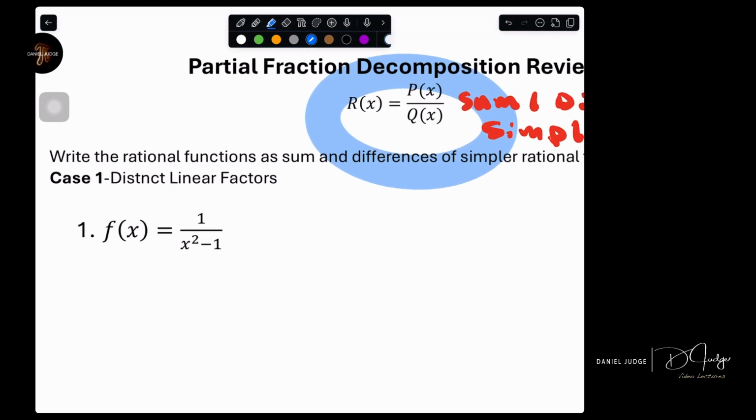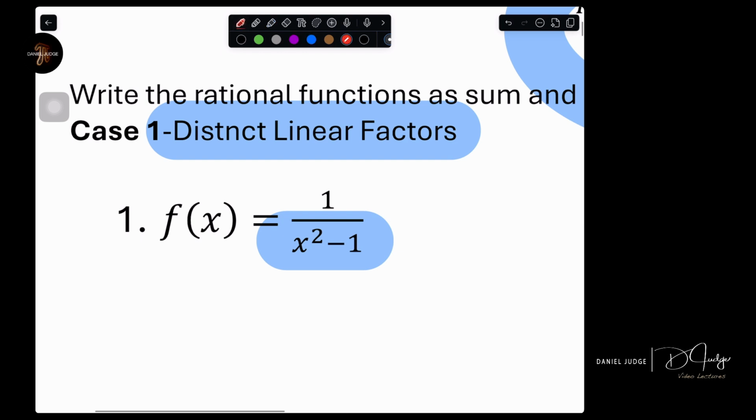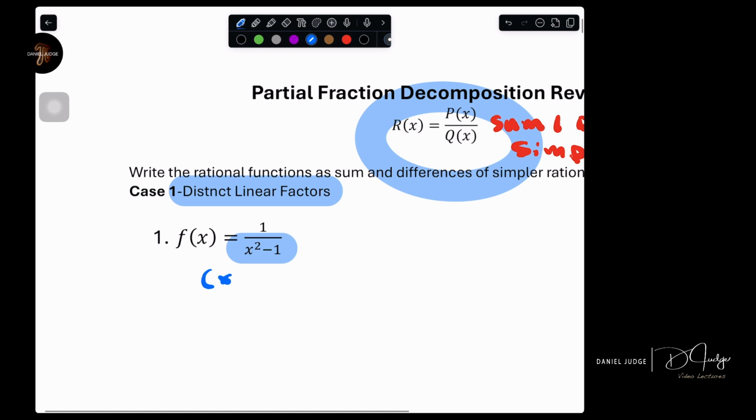So when we look at the first case of what we call distinct linear factors, that means different linear factors. Your focus is going to be, if you recall, on the denominator. So you have x squared minus 1. What we need to do is factor x squared minus 1, and that's going to be x plus 1 times x minus 1.